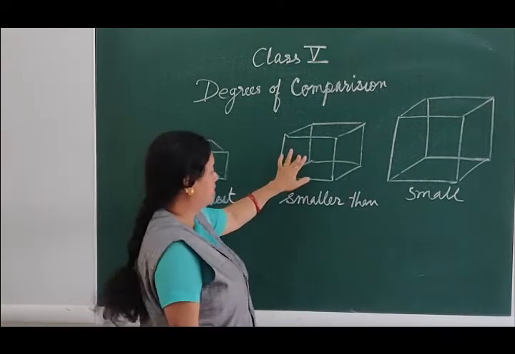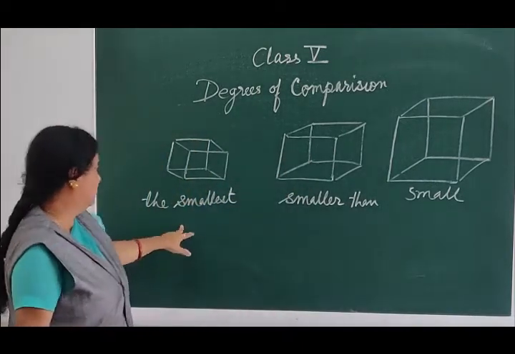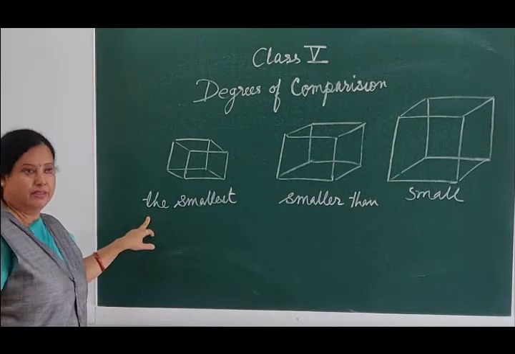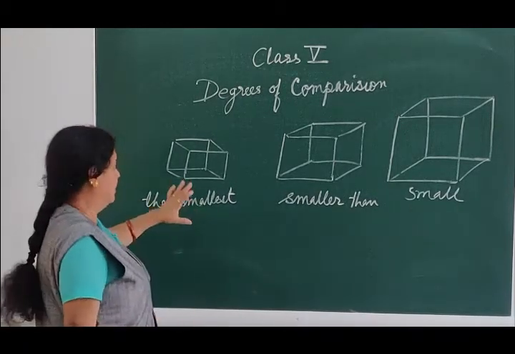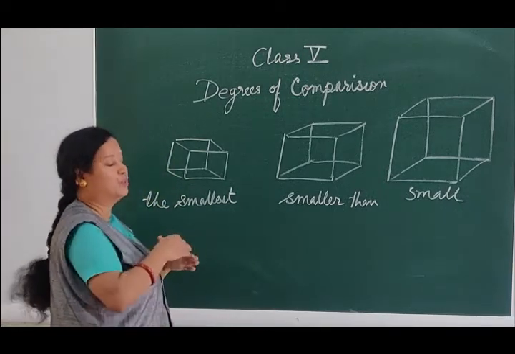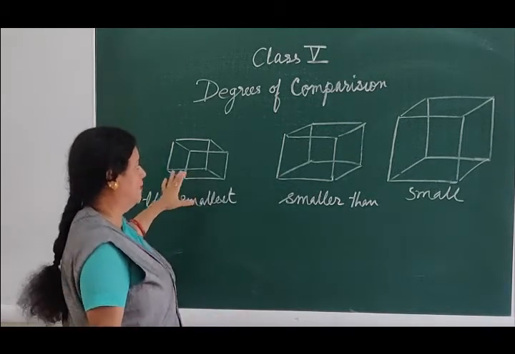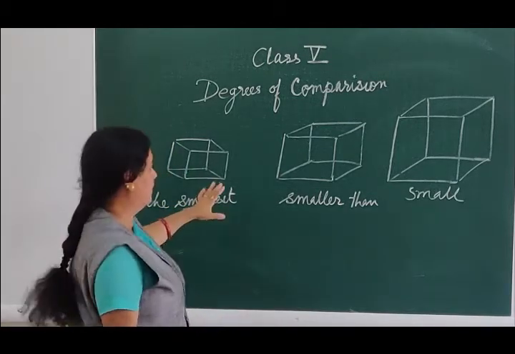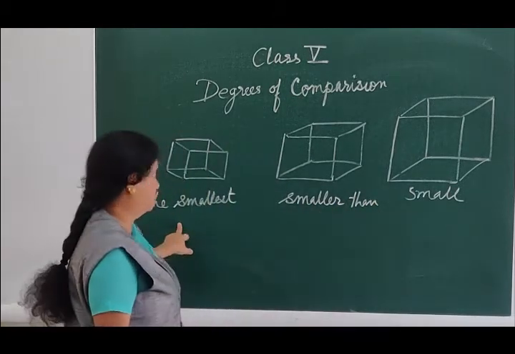In comparative degree we are using than. In superlative degree we are using the. When we compare more than two things, then superlative degree we are using the. And if suppose more than three, that also I tell you after some time how to compare them and which word to use them. Let us see. So small, smaller than, smallest.